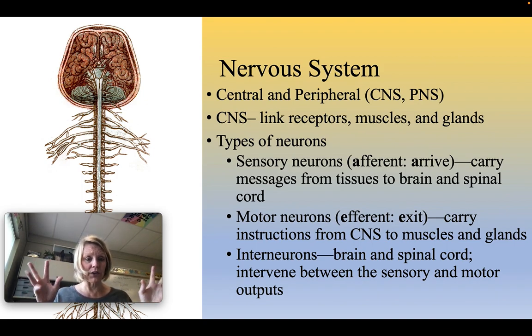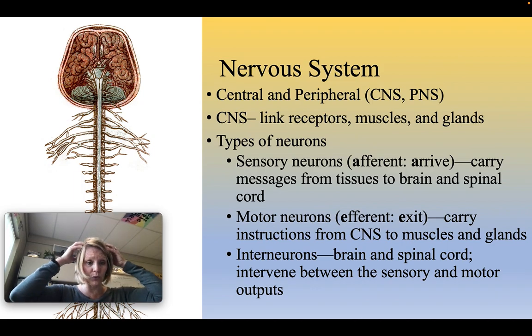Sensory neurons are the ones I always think of as touch. They're the neurons that receive the message and send it to the brain. So we get the message from, say, a touch on our hand, and it arrives at the brain. It carries the message to the brain and spinal cord, or spinal cord and brain.